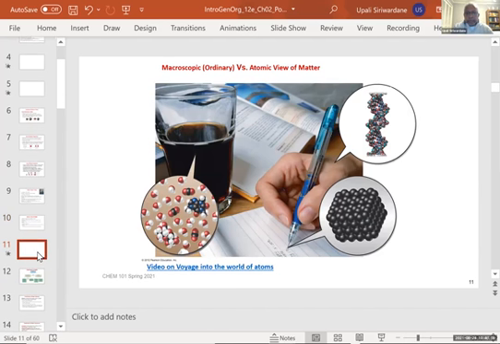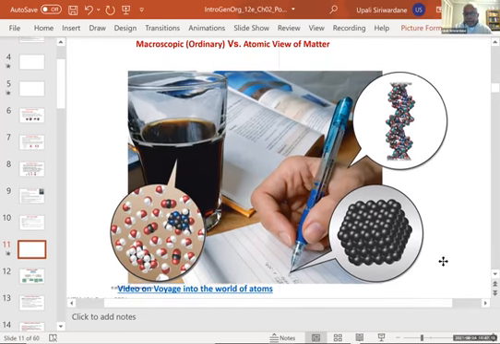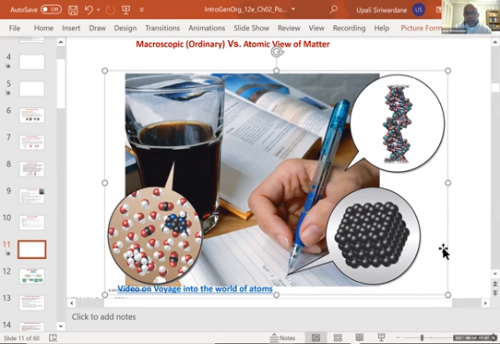So we're going to use this idea that matter is composed of atoms throughout our chemistry. When we look at matter, there's a macroscopic view, or ordinary view, like this Coke glass, soft drink glass with dark brown liquid.